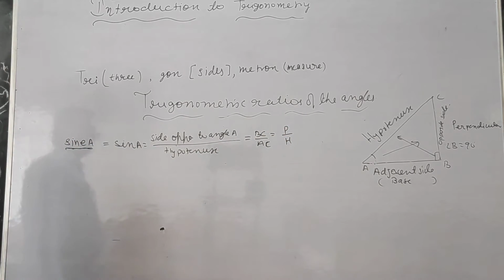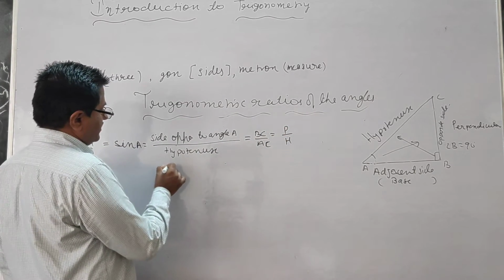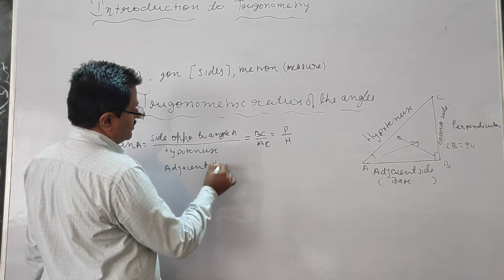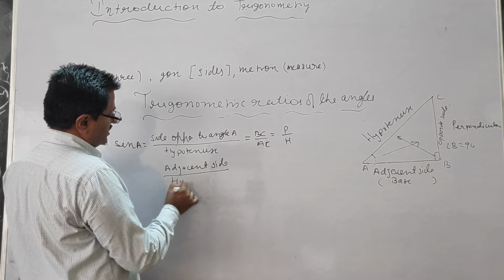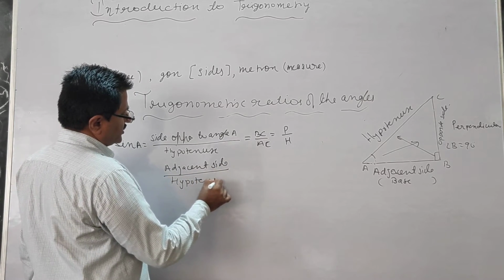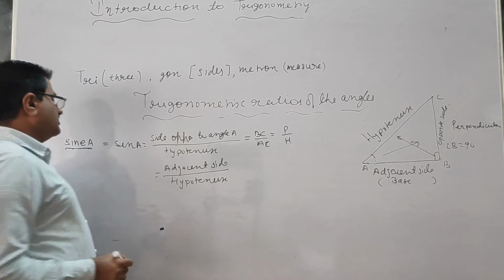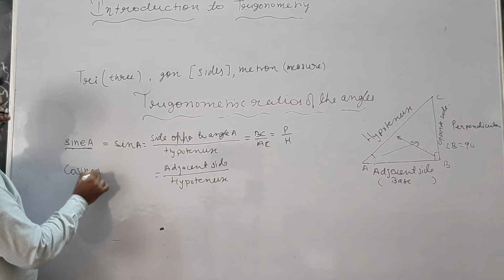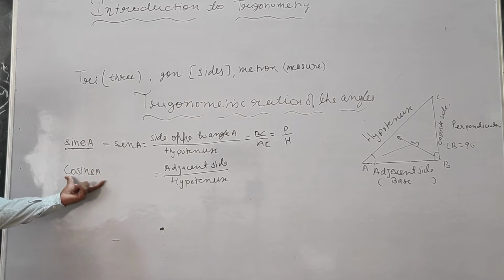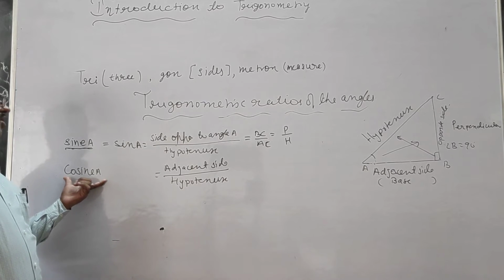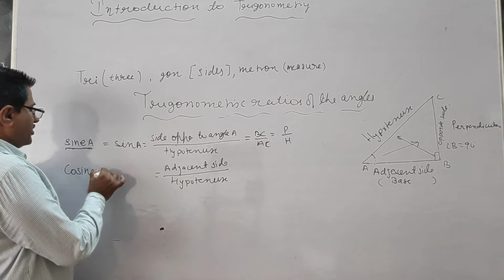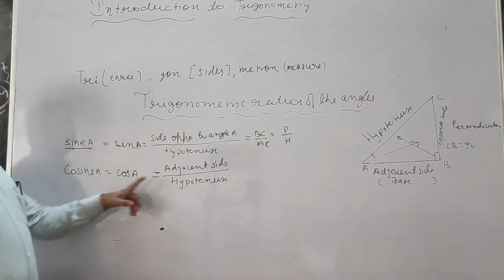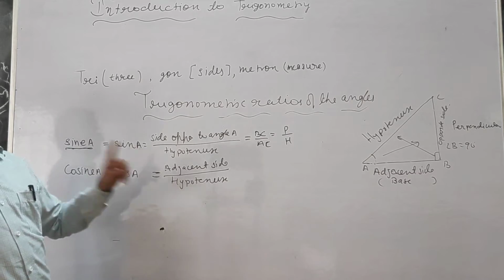Now second, if you are taking the adjacent side by the hypotenuse, this is a different type of ratio, and its value will be different. This ratio is given the name cosine of angle A, or in short form cos A. So cos A is the ratio of the adjacent side to the hypotenuse.